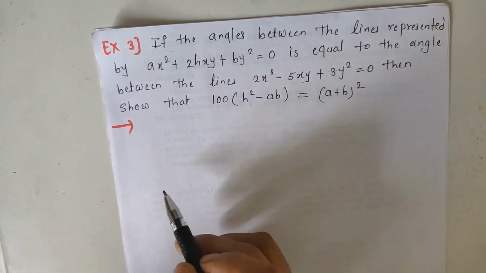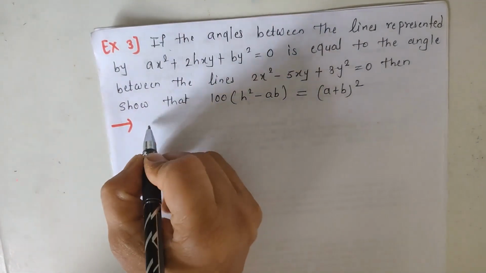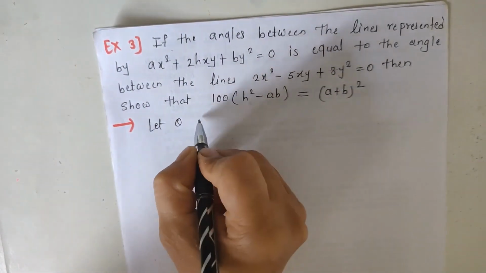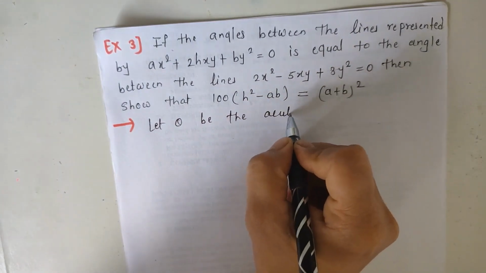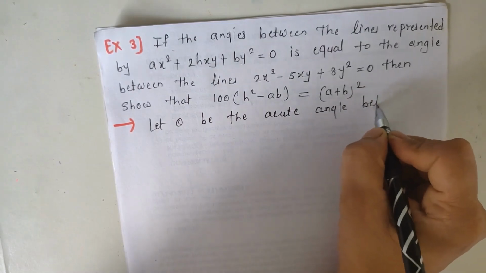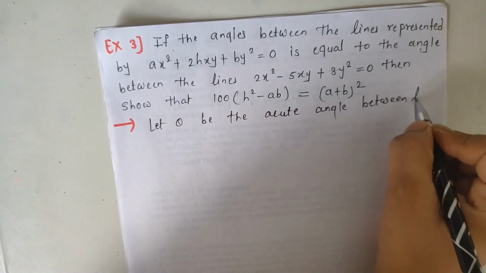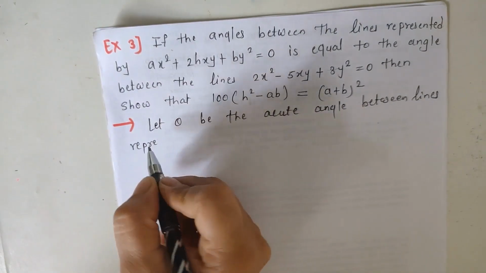So first consider the acute angle theta between the lines of the homogeneous equation. So let theta be the acute angle between the lines represented by the homogeneous equation.